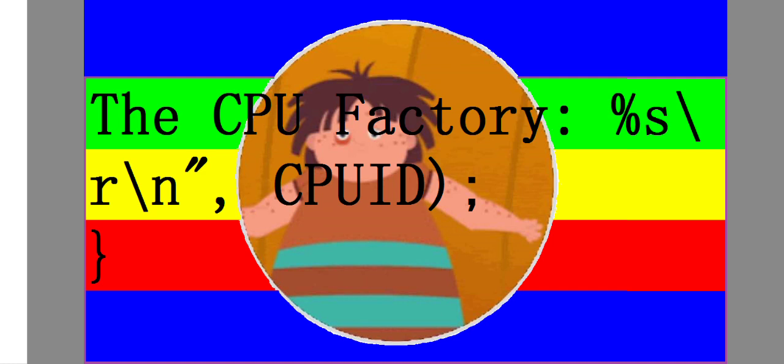So we can display CPUID. It's unique ID. CPUID means serial number of CPU, central processing unit.